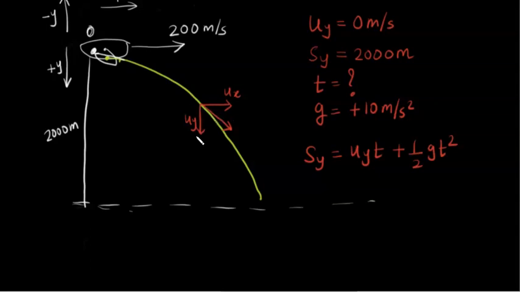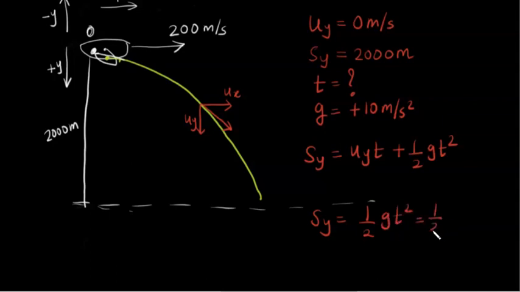So now here in y direction only, if I consider, then the x directional velocity will not be important for us. So sy is equal to uyt, where uy is 0, initially no vertical velocity here, plus half gt square.